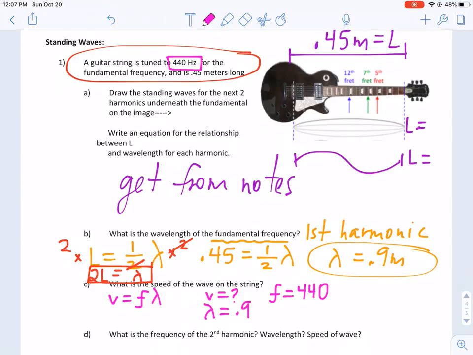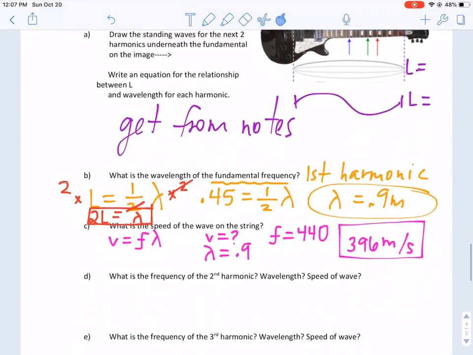So at this point, I can say 0.9 times 440. Let's say it's 396 meters per second. Sound travels faster on strings than in air because they're more dense.